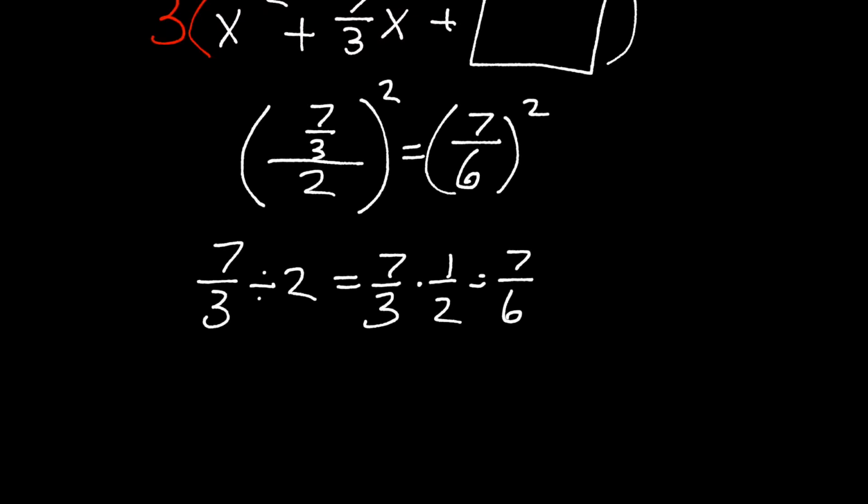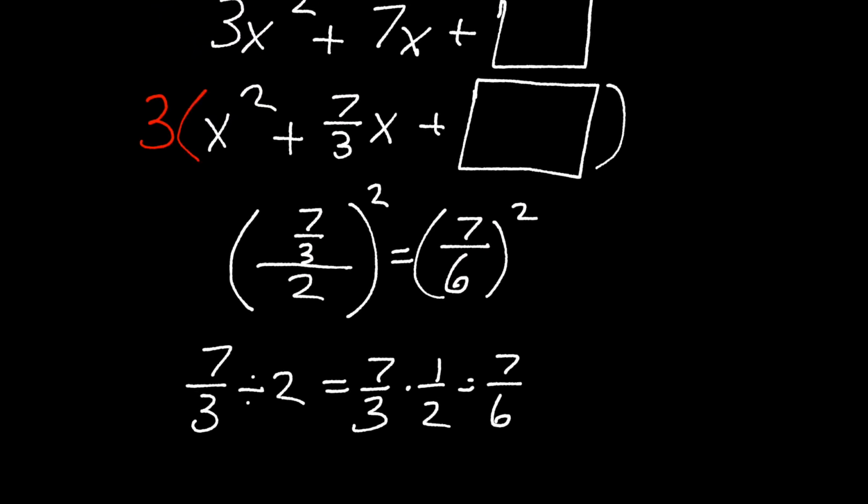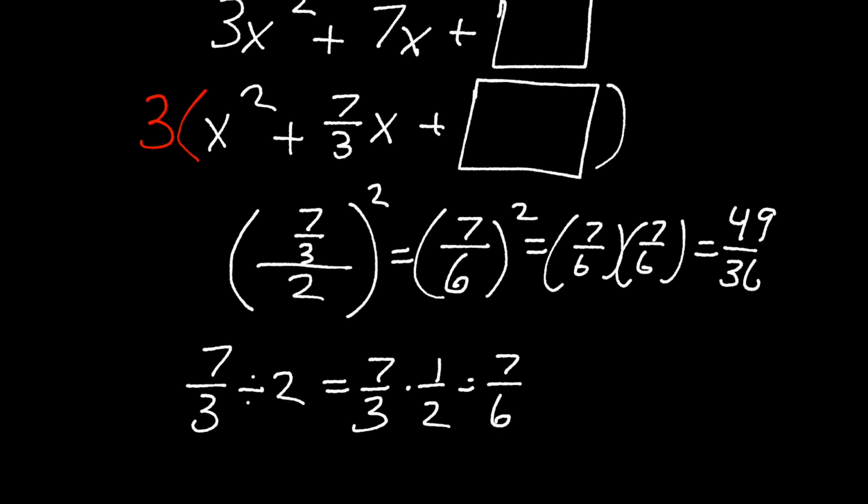So, this turns into 7/6 squared, which is 7/6 times 7/6. And we get 49/36. And there is the term that makes this a perfect square trinomial.